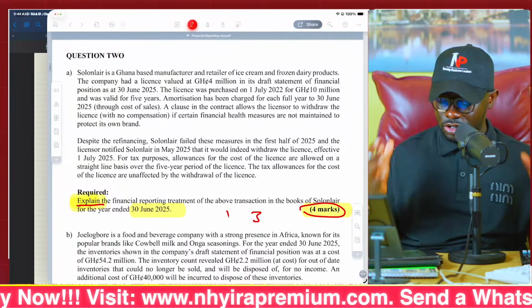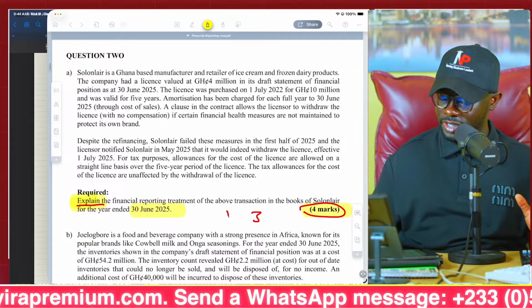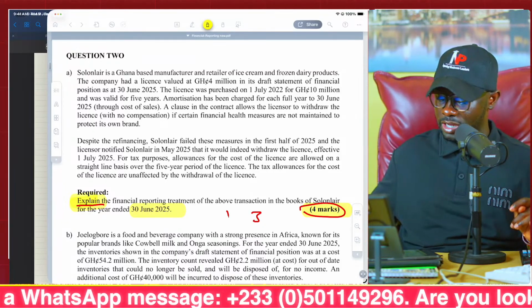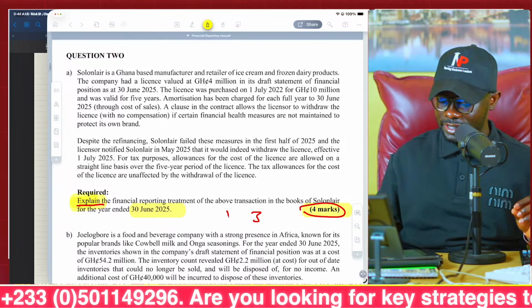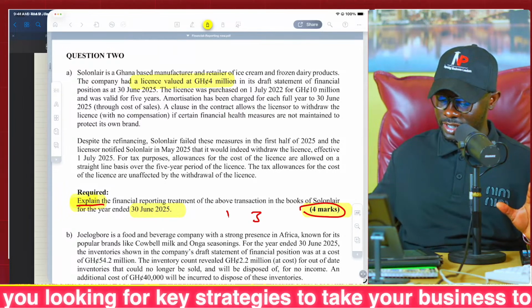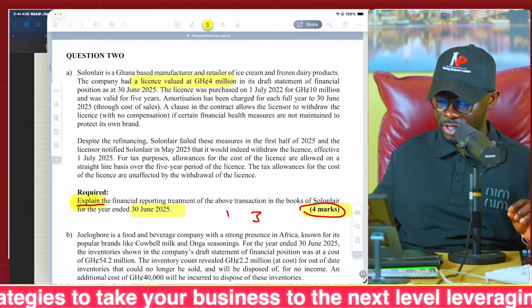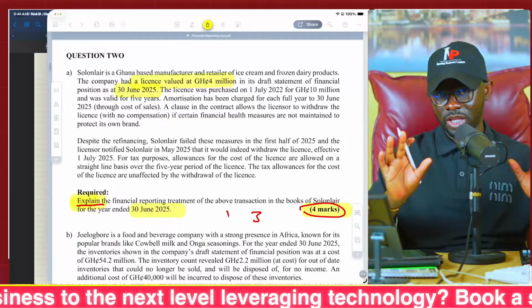So Salonlier is a Ghana-based manufacturer and retailer of ice cream and frozen dairy products. The company had a license valued at 4.4 million Ghana cedis in its draft statement of financial position at 30th June 2025. Stay with me carefully.